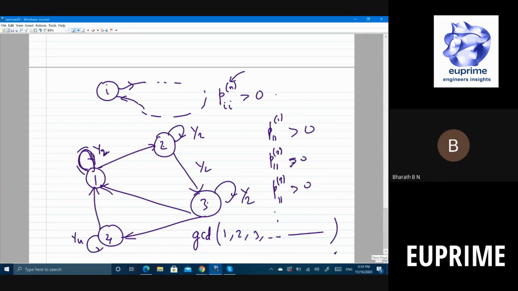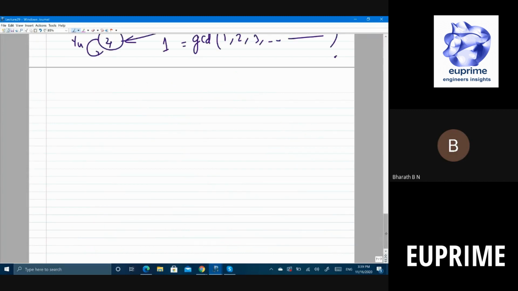So what is the GCD of this? One only. 1, right? If the GCD of a state is 1, that state is called aperiodic. If the state has some GCD of, let's say, 2 or 3, it's called a periodic state. Okay, is that fine?